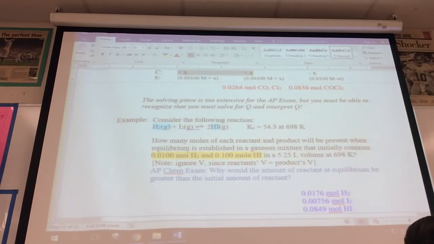Look at this one. Reaction is given, Kc is given. How many moles of each reactant and product will be present when equilibrium is established? Initially, you contain hydrogen gas and hydrogen iodide only in a 5.25 liter volume. Now, they won't ask you to solve for equilibrium amounts because it's too hard. However, why must the reverse reaction be favored? Because they give you the product, and they don't give you any iodine.